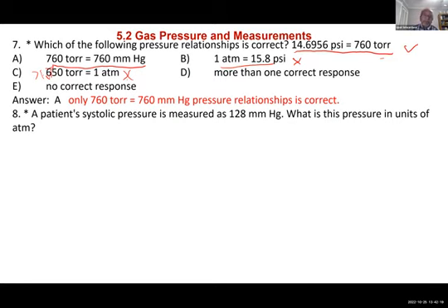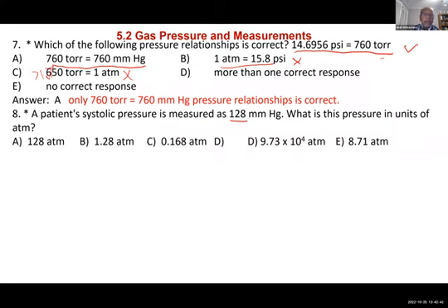Now, systolic pressure, which is the blood pressure, is 128 millimeters of mercury or torr. What is the pressure in atm? How do you convert millimeters of mercury to atm? The conversion factor is 1 atm equals 760 millimeters of mercury.